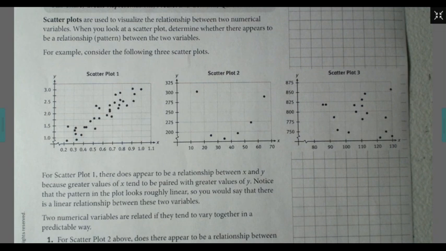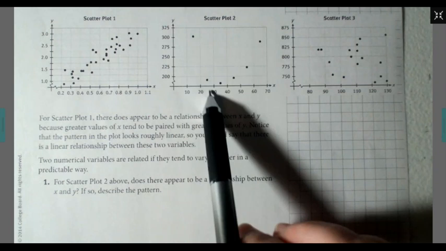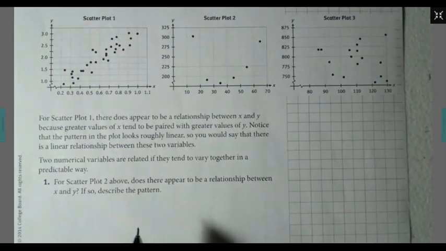We're going to be working through questions number 1 and 2 for our first chunk of this lesson. Question number 1 states, for scatter plot number 2 above, does there appear to be a relationship between x and y? If so, describe the pattern. So is there a pattern between x and y here? What do we notice?